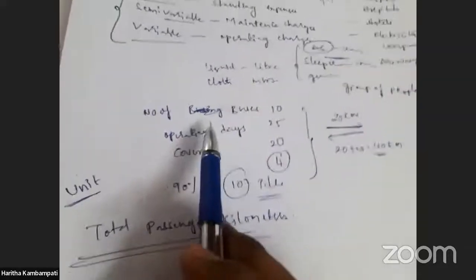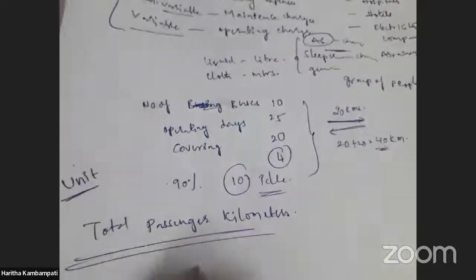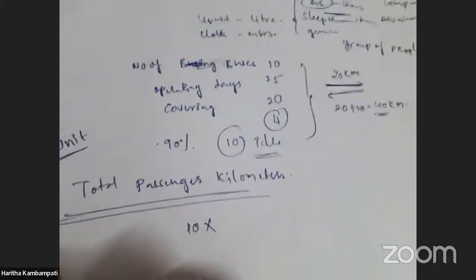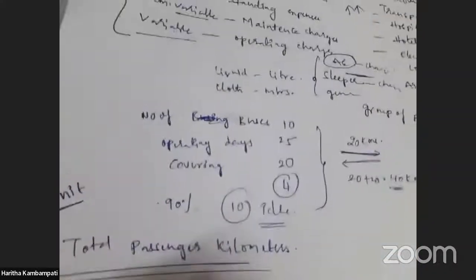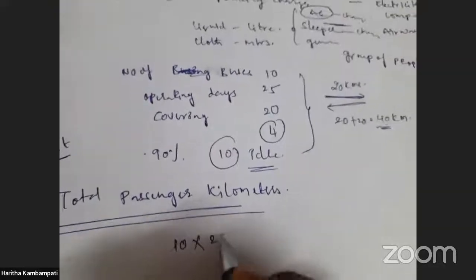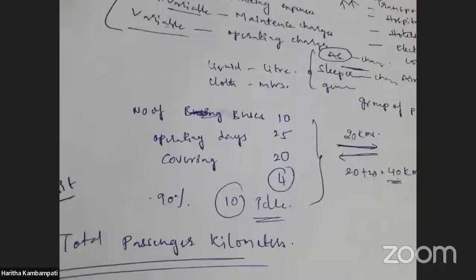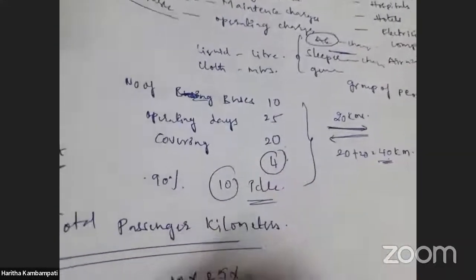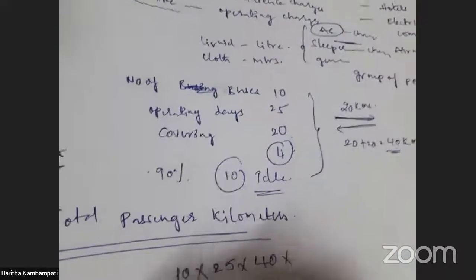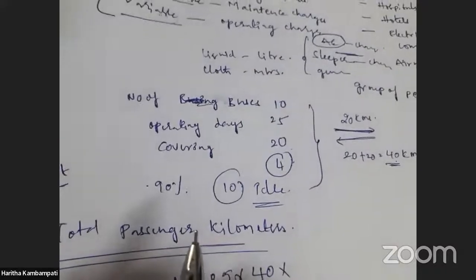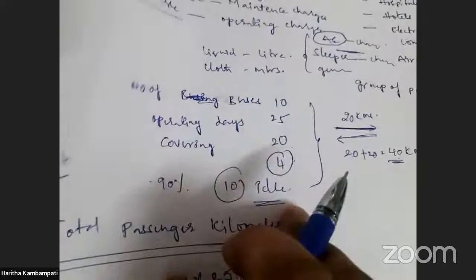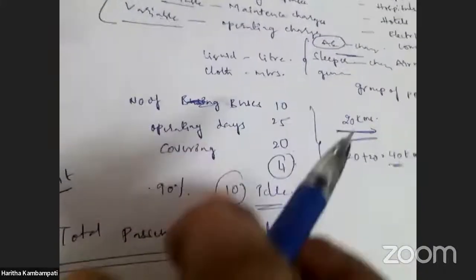For that, we need to multiply the number of buses and how many days they are operating and the kilometers and how many times they are running, not a single time. One round trip, trips 2, 3, 4.